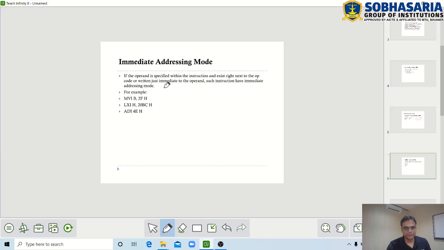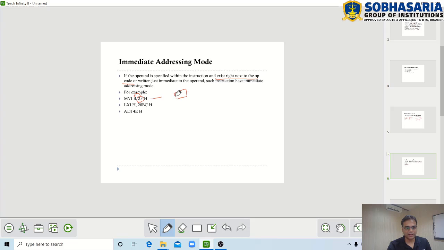Coming next to another addressing mode, the immediate addressing mode. Here the data which is participating will exist right next to the opcode, immediately after the opcode. So here in this example, MVI B, 2F, 2F is the particular data which is going to be loaded in B register.